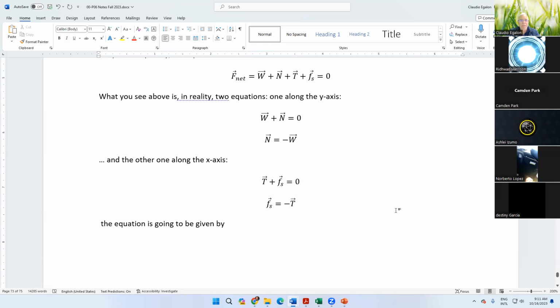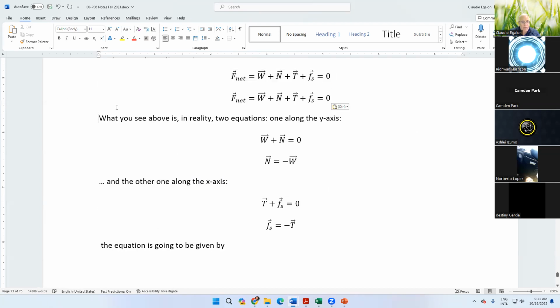In terms of the components, we can write that equation like this: minus mg y hat, I'll leave the N like that.